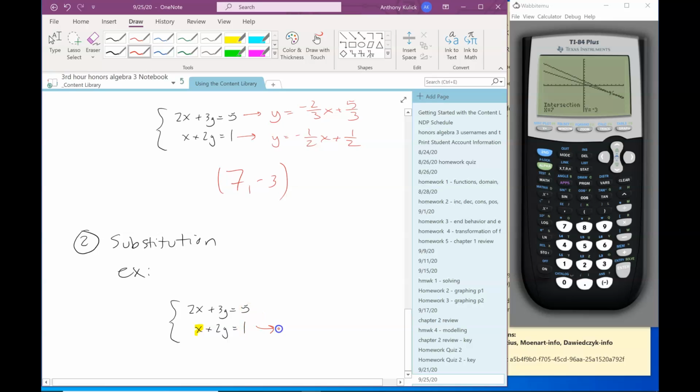So we'll start by just subtracting 2y from both sides. Everybody good with that? Now what I can do is, using the first equation, I can replace the x in the first equation with 1 minus 2y, because I know that x is equal to 1 minus 2y.